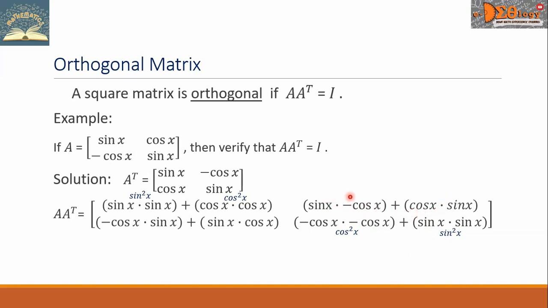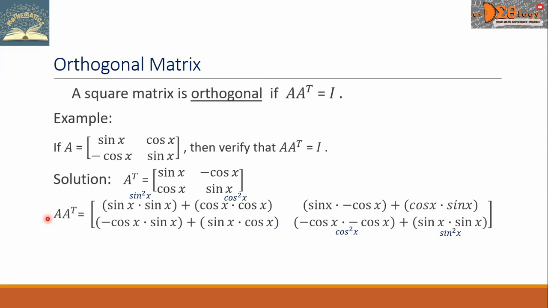The sin x times negative cosine x will be negative sin x cosine x, plus this is sin x cosine x. If we add, this will be 0. Down here, negative cosine x times sin x is negative sin x cosine x, plus this sin x times cosine x will be 0.